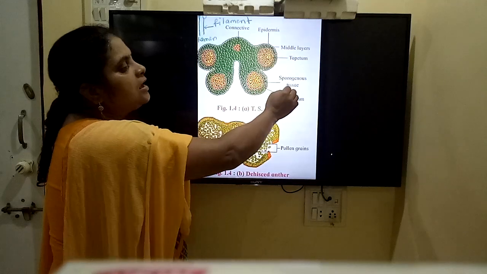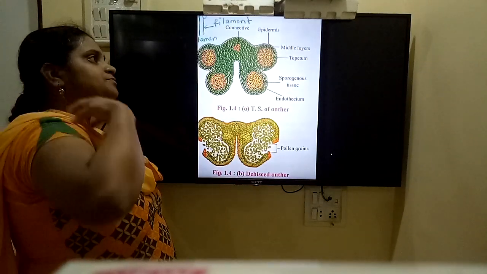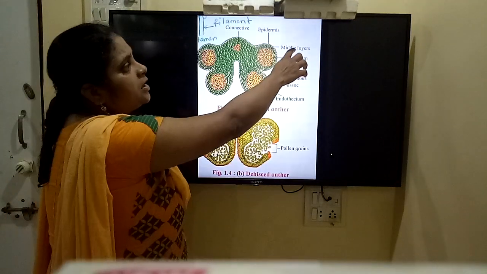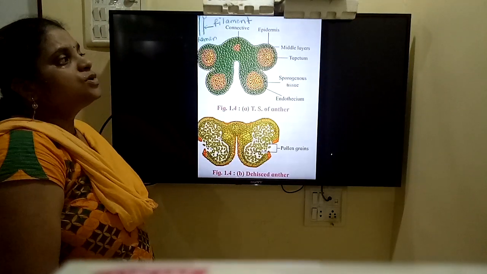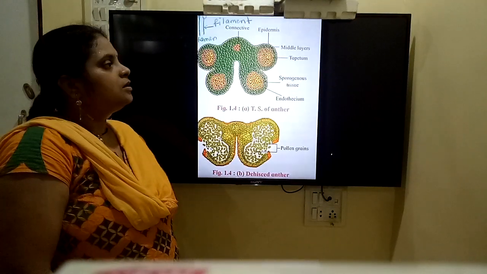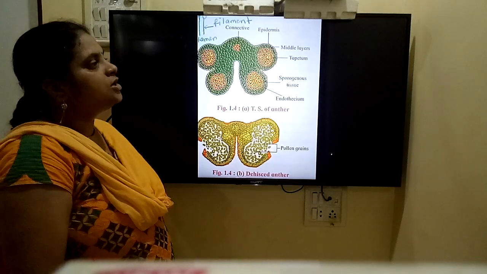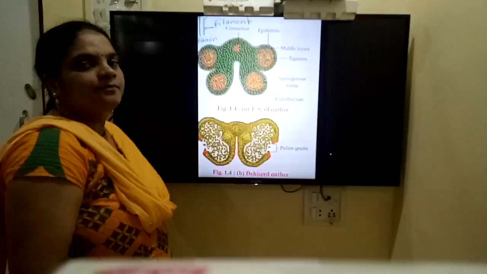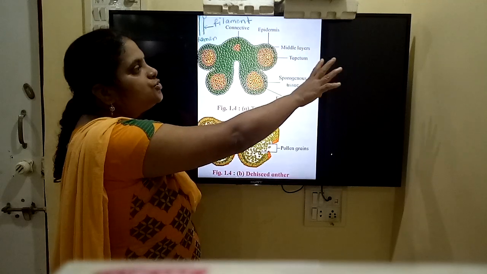That middle layer lies inner to the endothecium. This middle layer is 1 to 2 layers and it surrounds the tapetum, and it may disintegrate in the mature anther. So if it remains, it appears only as 1 or 2 layers.